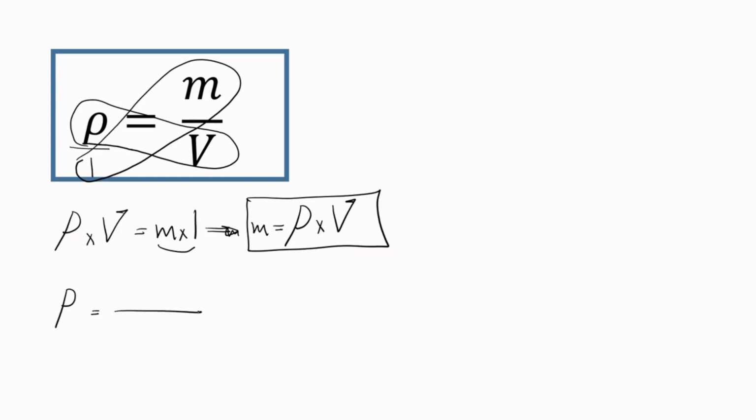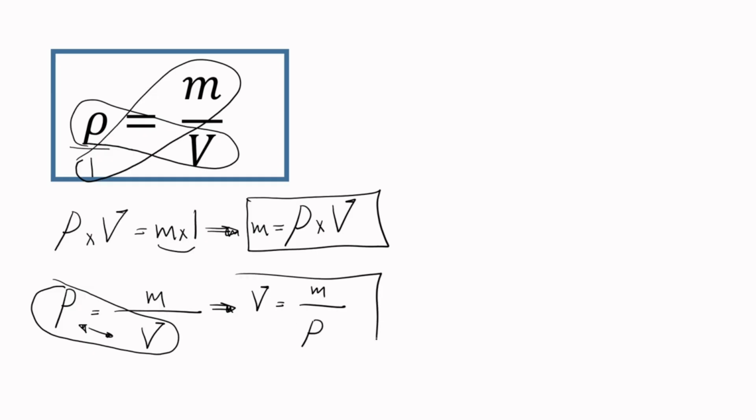Rho is equal to M over V. We know that we can change the place of parameters diagonally. So I can change the place of these two. And what am I going to have? I'm going to have V is equal to M over rho. This is the second formula that I'm going to use for calculating the value of volume.